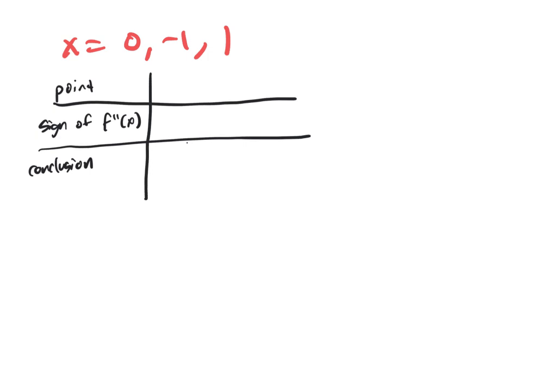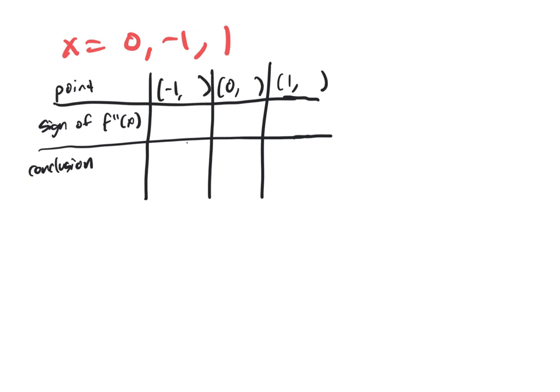And so what are the points that we are going to test? We're going to test 3 points. That's going to be where x is negative 1, 0, and 1. Probably want to list those in order.